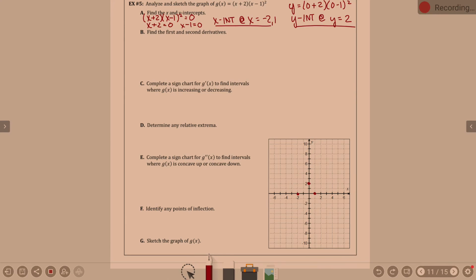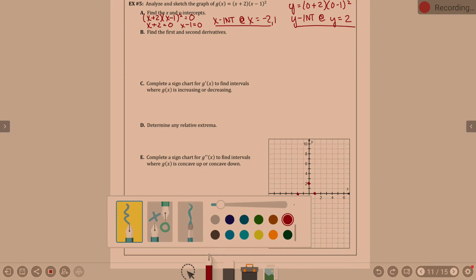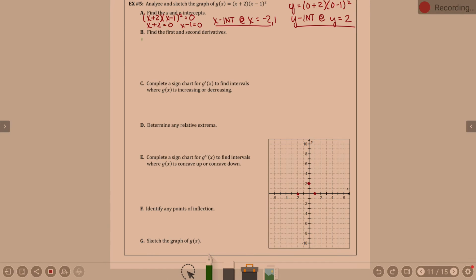Okay, B says find the first and second derivatives. Okay, meet me at the end. You know what to do here. Well, okay, I say that. We have options here, I guess, on how we can find the first derivative, don't we? In all honesty, my recommendation is to multiply that out.